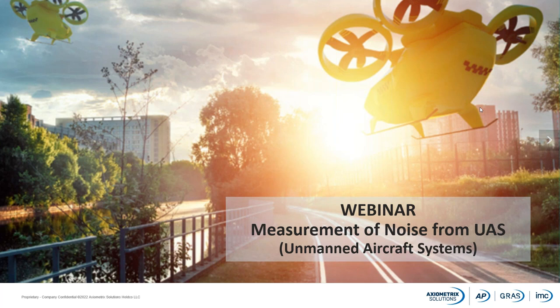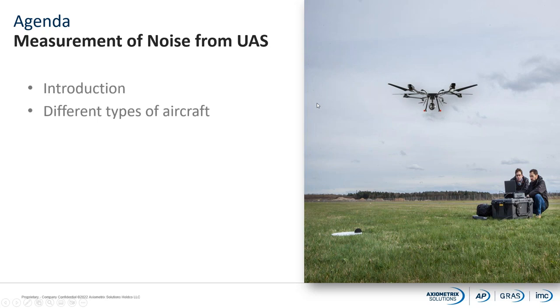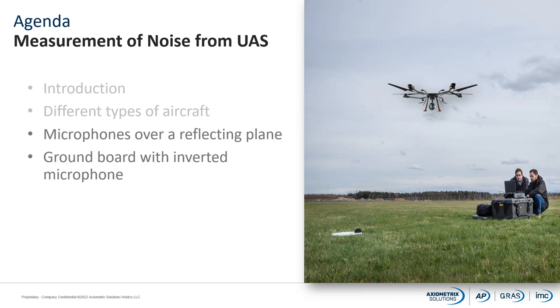So let's start with the agenda for the presentation. I will do a small introduction first. Then we'll speak about different types of aircraft and what the similarities and differences are. We will talk about different types of setups or configurations for measuring noise from flying vehicles.